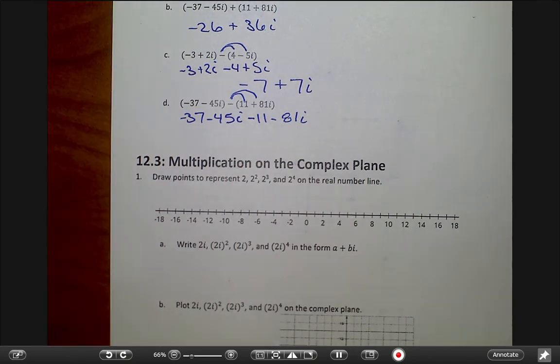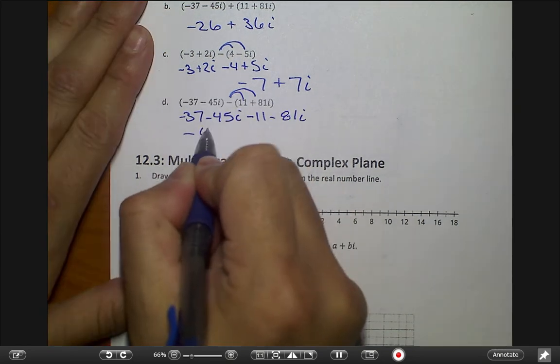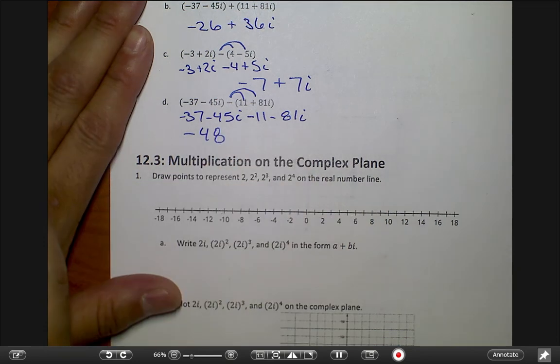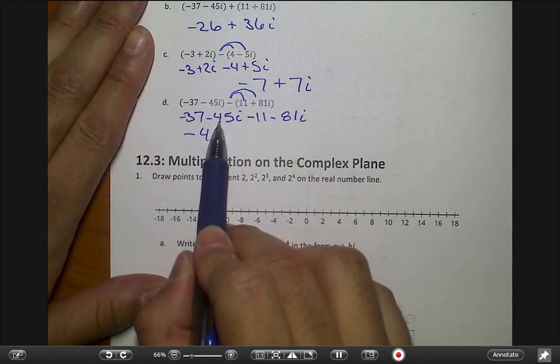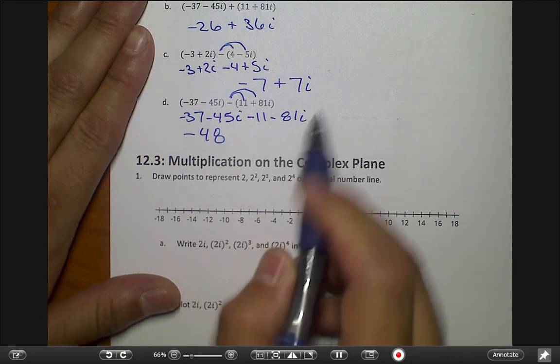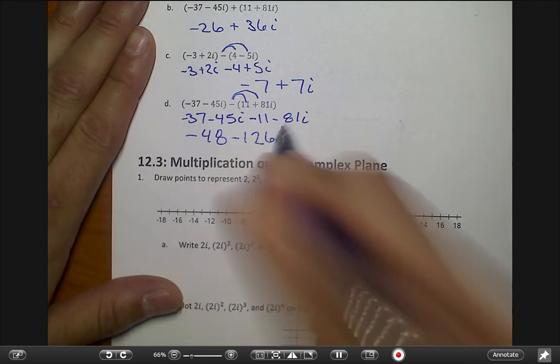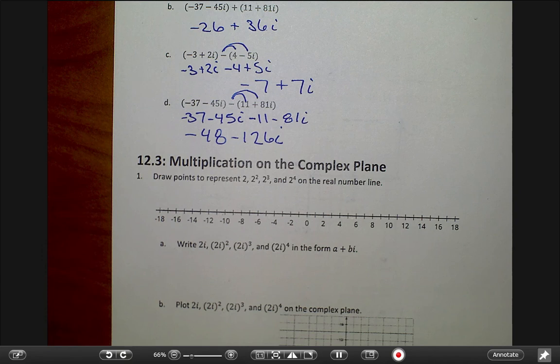Very good. So my real direction is going to be how much? Negative 48. Very good. My imaginary direction, 126. So negative 126i. Yeah, I don't want to try and build a graph for that one. Doesn't look very fun.